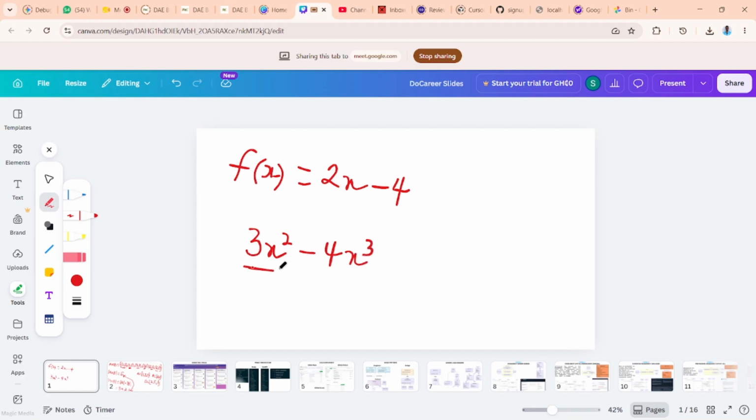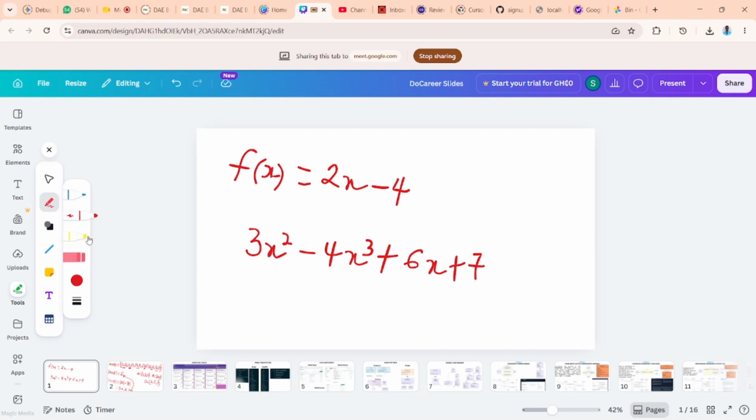So this is one term, this is another term, they are separated by plus or minus. And we have to differentiate all this. So what you have to focus on is the terms one by one, and you do differentiation for each of them.